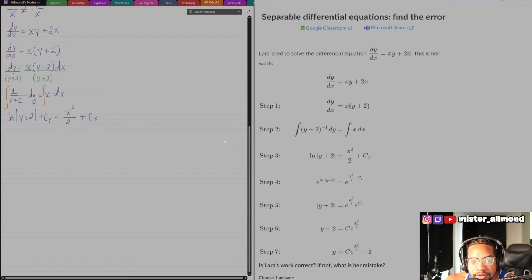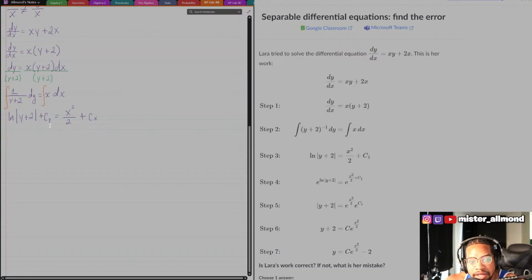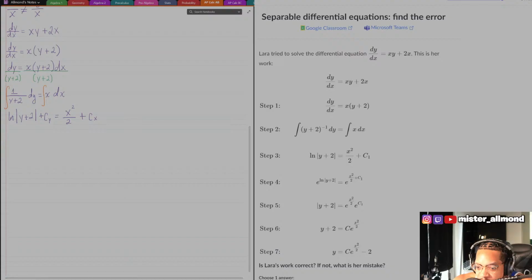But okay, so from here, let's see, because our step 3s are right at the same spot. Well, actually not yet, because I think I might have found a mistake in her work. Because if you look at step 3, anytime you integrate an indefinite integral, you need a plus C. And if you look at step 3's left side, they do not have a plus C. Because if you look on the right side, they got a plus C1.